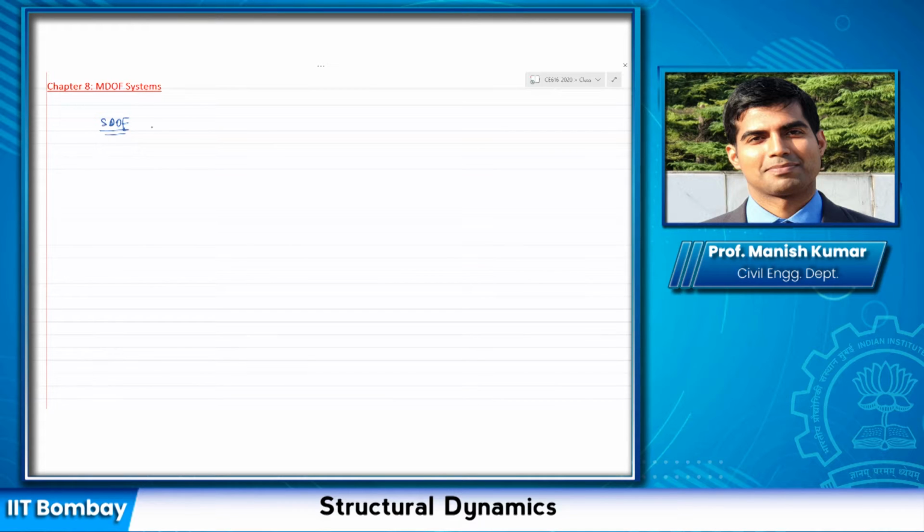Then we moved on to continuous systems, for which we said that exact analysis might be a little bit tricky or convoluted, but there is a way in which I can solve continuous systems without having to solve a multi-degree of freedom system, by assuming a shape function which approximates the dynamic deflection, a function that can represent the deflected shape.